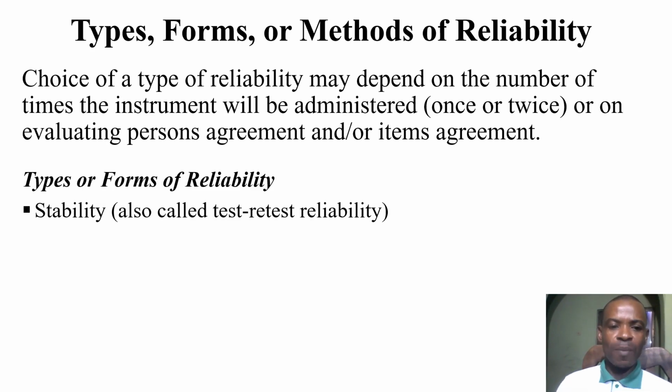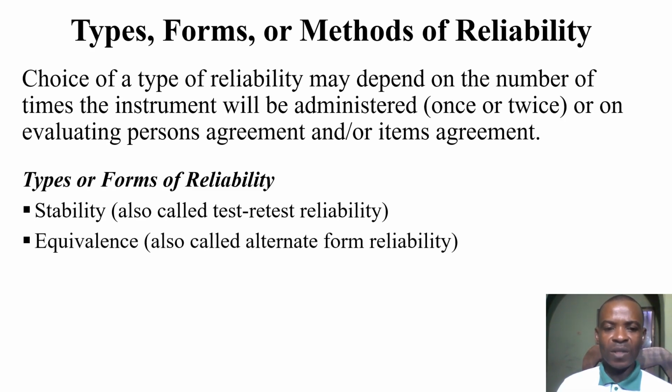The first type listed here is called stability form reliability, often called test-retest reliability. Another type is the equivalent form reliability, which is also called alternate form reliability.